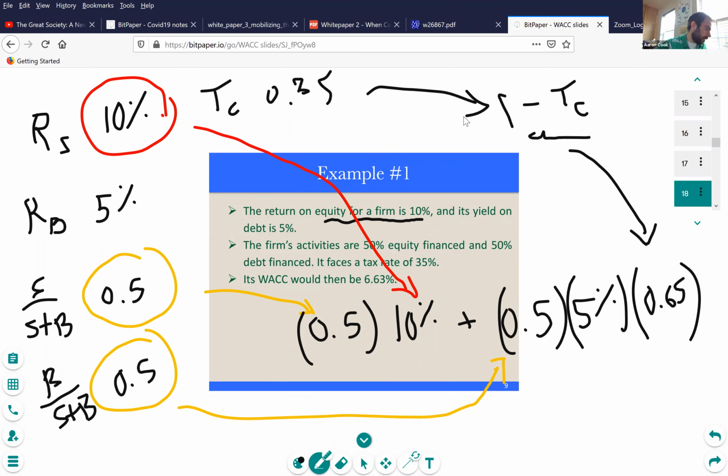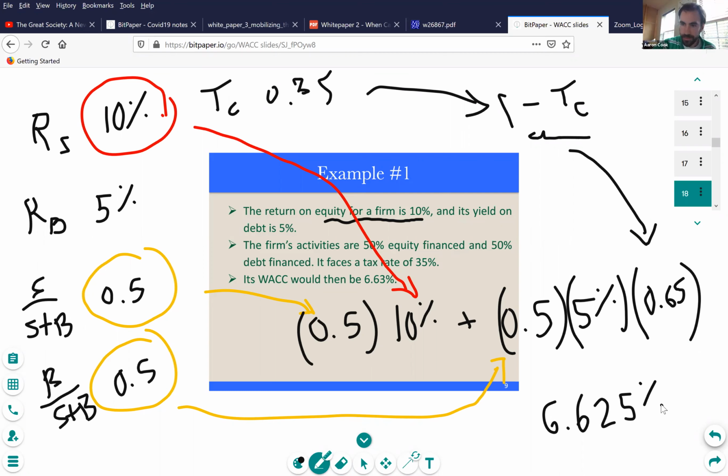So if you work that out, you get 6.625%. Right. So that's what was on the slide, but that's the way that you do that calculation.